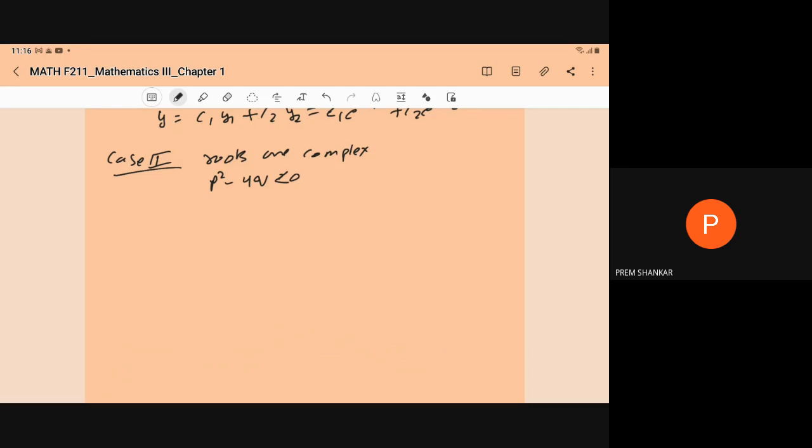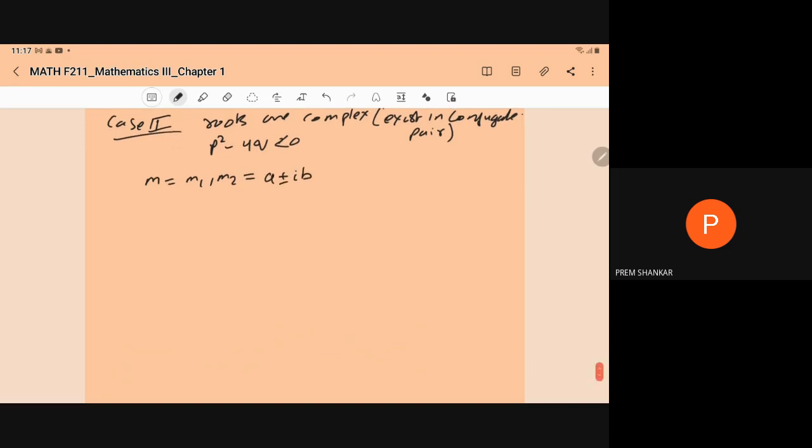So in this case, m1 and m2, and you know that complex roots always exist in conjugate pairs. So that is equal to a plus minus ib.